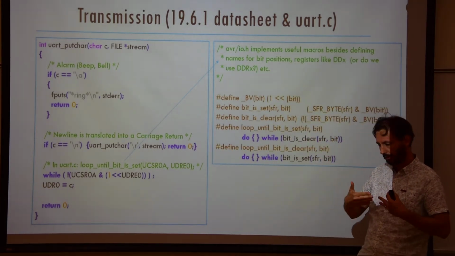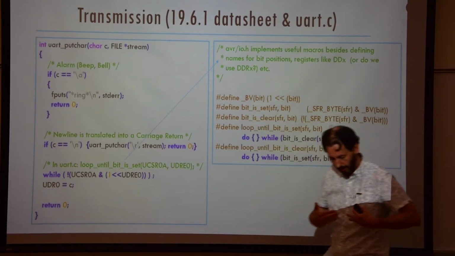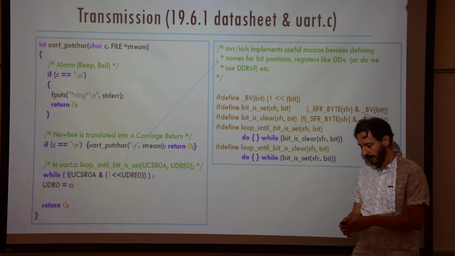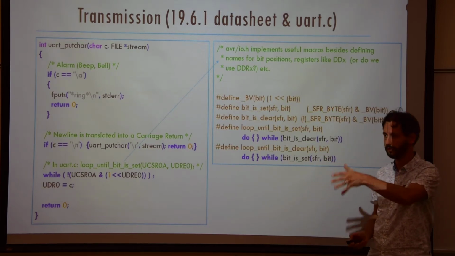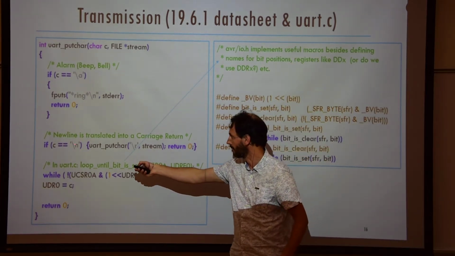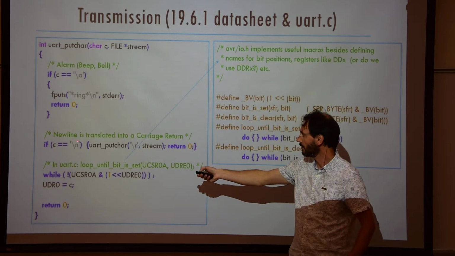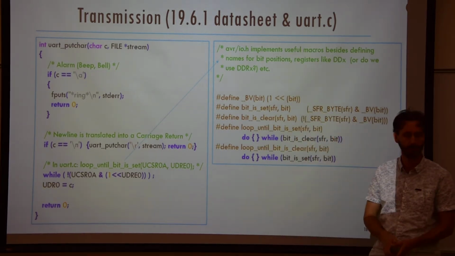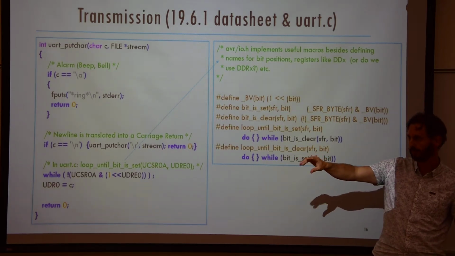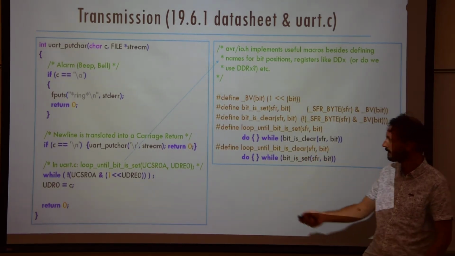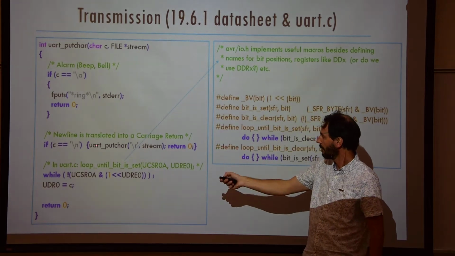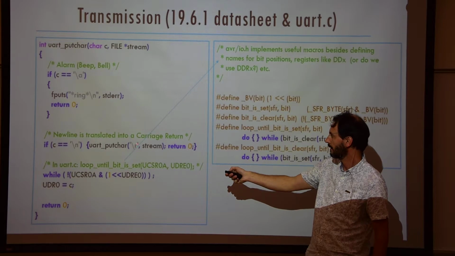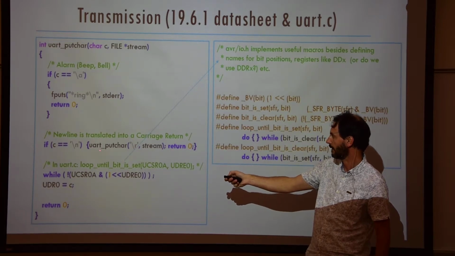If I want to put the new line symbol on the stream that is being received by my laptop, then it turns out that the software on your laptop does not interpret this properly. So you want to replace it by this other symbol, backslash R, which is a carriage return, and that will be interpreted on your console on your laptop as going to a new line. So now we see here a recursive call. I'm going to call this same thing again, but now for this particular character and not this character. And then I'm done.